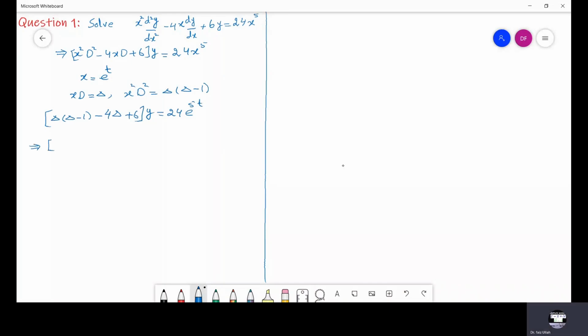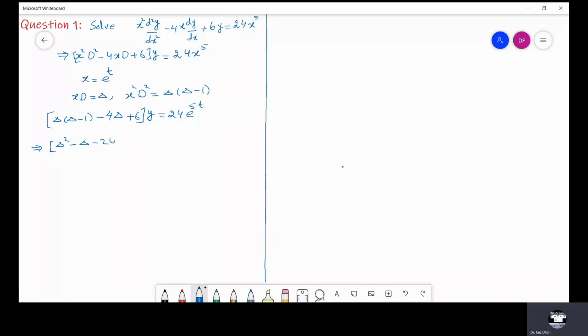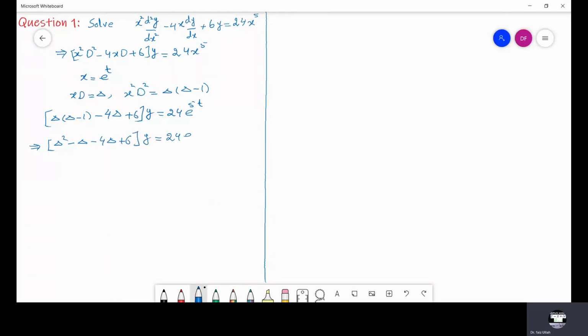So if we simplify, we get (Δ² minus Δ minus 4Δ plus 6) y is equal to 24e⁵ᵗ. If we further simplify this, we can obtain (Δ² minus 5Δ plus 6) y is equal to 24e⁵ᵗ.